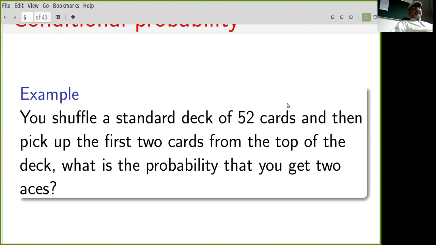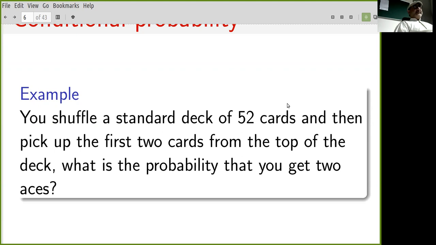And it doesn't matter how you arrange within the pile. We're not concerned about the order. So what's that in the language we've used before? That's 52 choose 2. There are 52 choose 2 2-card hands, and they are all equally likely. That's the number of 2-card hands. And now, how many hands have 2 aces?